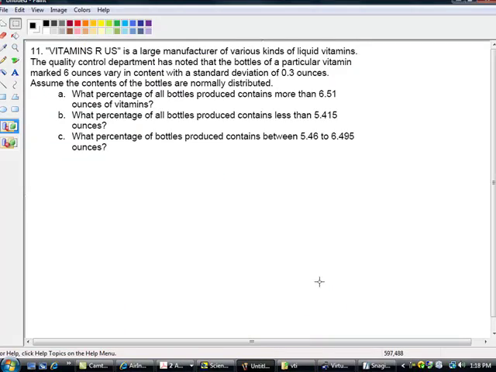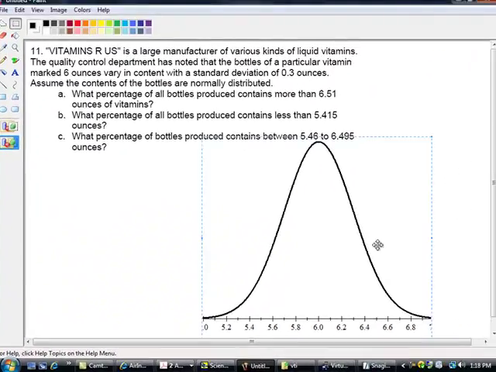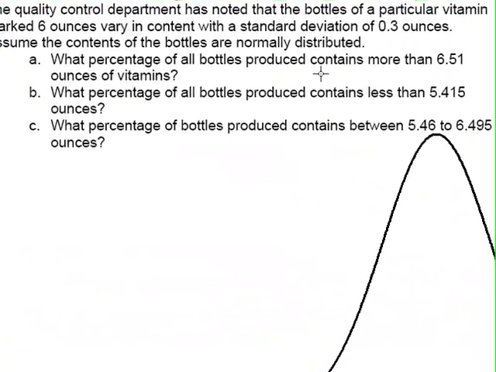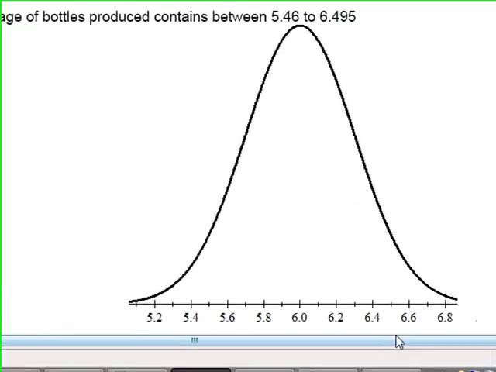So we are talking about this question. I have already written the answer using the tables. Here we are going to go via the graphing calculator. The first question is, what percentage of all the bottles produced contain more than 6.51 ounces?